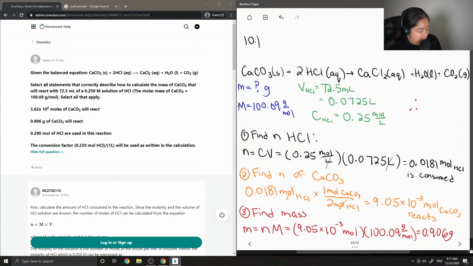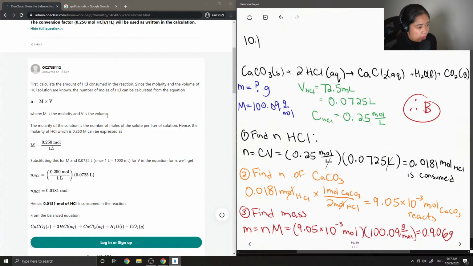I'm just going to mark that B. So let's look at the other options. 0.29 moles of HCl are used. Nope. And then the conversion factor is 0.25 mole HCl per 1 liter will be used as written in the calculation. By conversion factor, I think they might mean the mole ratio step. So the last one isn't correct either.